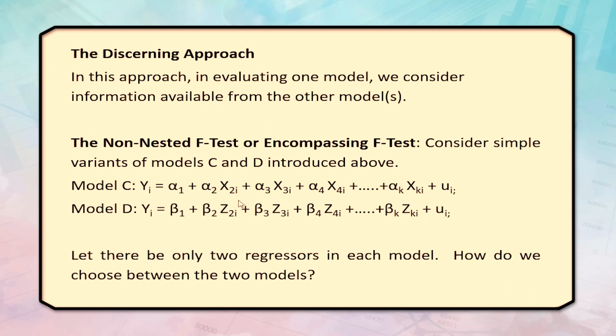One approach is to integrate the two models and to form one general model where we have both X regressors and Z regressors. A good example would be where we consider models C and D, each simplified with only two explanatory variables.